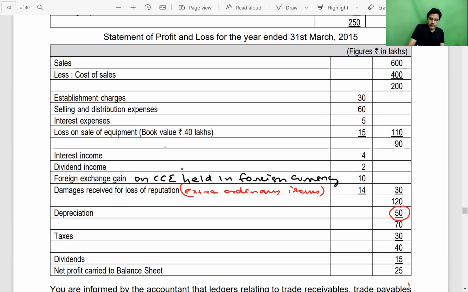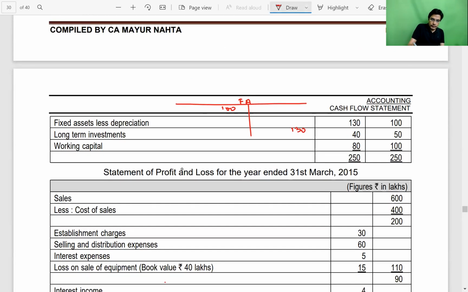So the balance figure will represent purchase of fixed asset, which is 80. So purchase of fixed asset would be 80, which will come under investing activity if we have done everything correct.